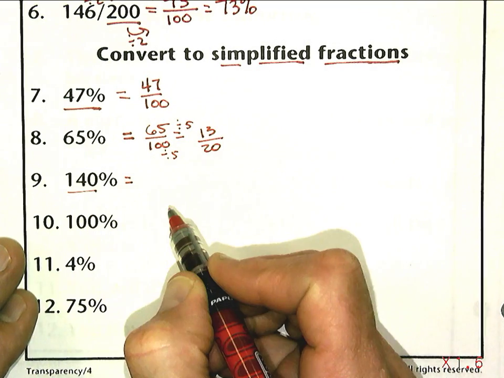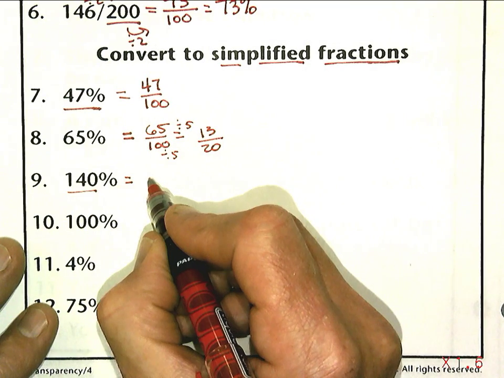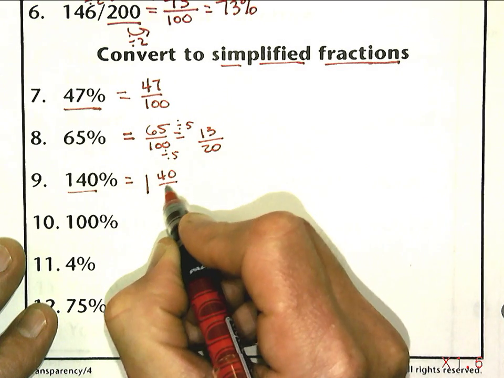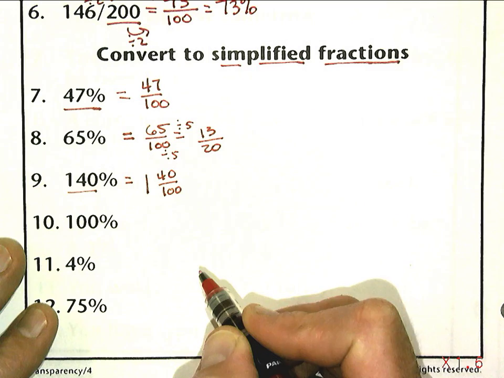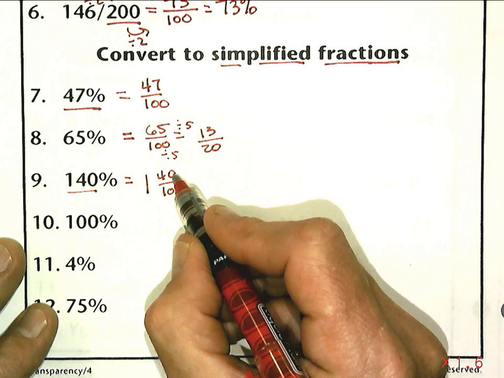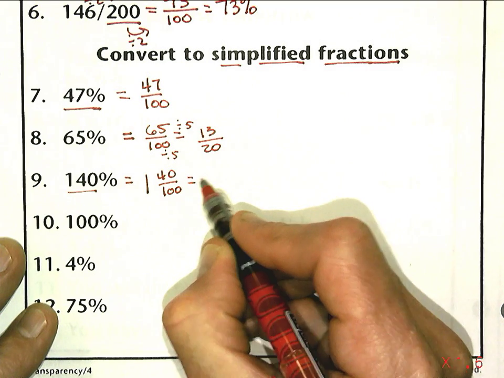Now I got one that's over 100%, which means I have one whole and 40% more. So the one whole is the 100%, and then 40% more, and that part of the fraction can be reduced.